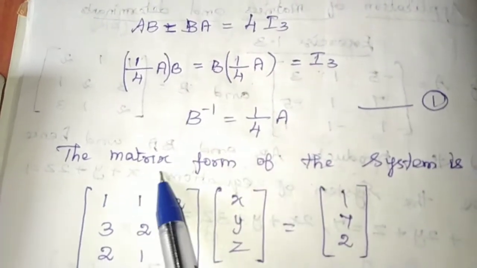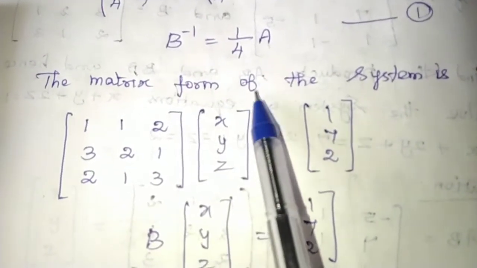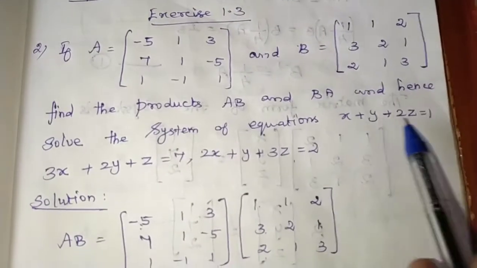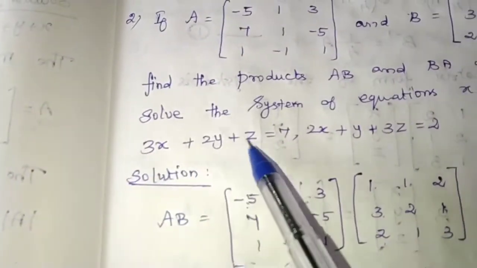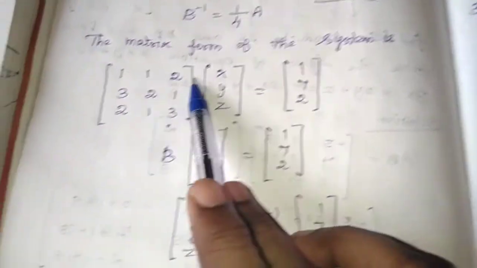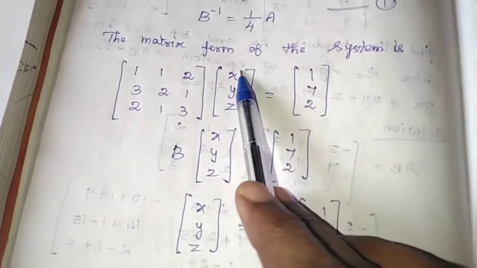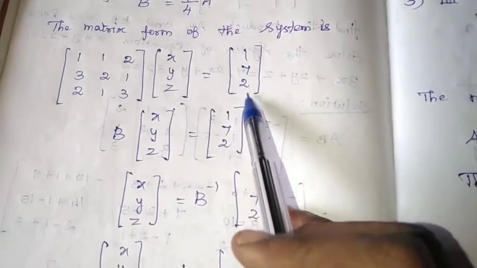Now, the matrix form of the system. That is, 3 equations given. Using the matrix inversion method, first write in matrix form: 1 1 2, 3 2 1, 2 1 3, unknowns x y z, the constants 1 7 2.